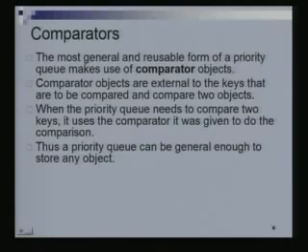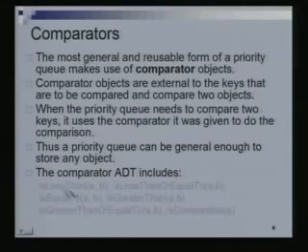In this manner we can ensure that we would have one implementation of a priority queue and we can use the same implementation to store any kind of objects, because we would also specify this comparator object which would help us compare the priorities of any two objects that we desire to put into the collection. The comparator abstract data type would include methods like is less than or equal to, is equal to, is greater than or equal to, and whether it is comparable or not.